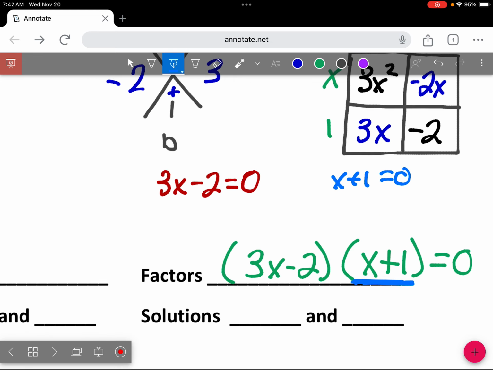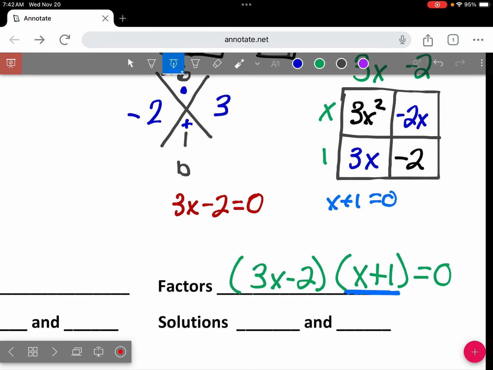So let's do the blue one first because it's going to be a little bit easier. x plus 1 equals 0. How do I get my x by itself? Minus 1. x equals negative 1. I thought you said square root of negative 1 for a second there, and I'm like, where are you getting square roots?